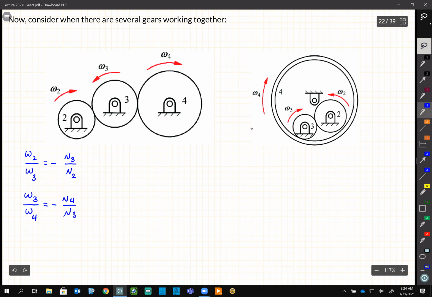Now, if I multiply these 2 together, what do I get? I will get omega 2 multiplied by that. Okay, omega 3, we can get rid of that. It will give me N4 divided by N2. Am I right? Yeah.